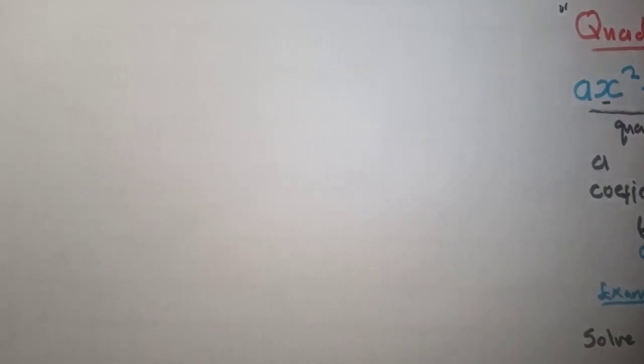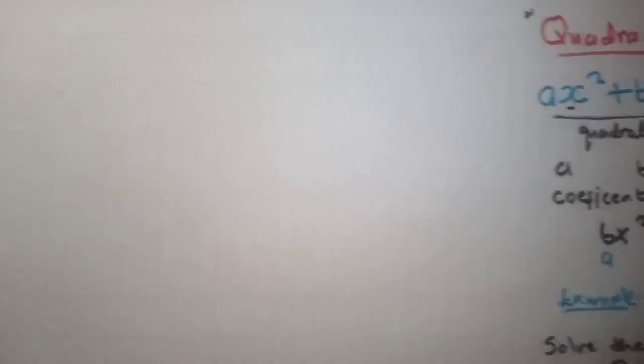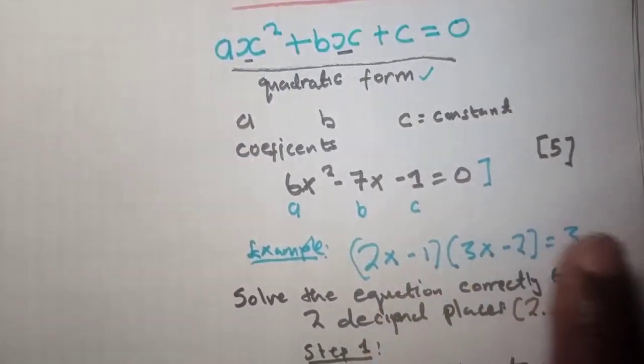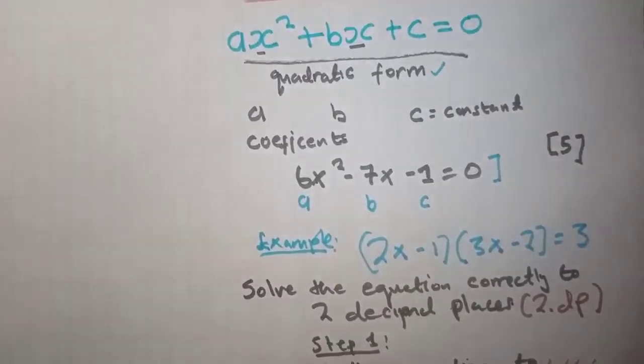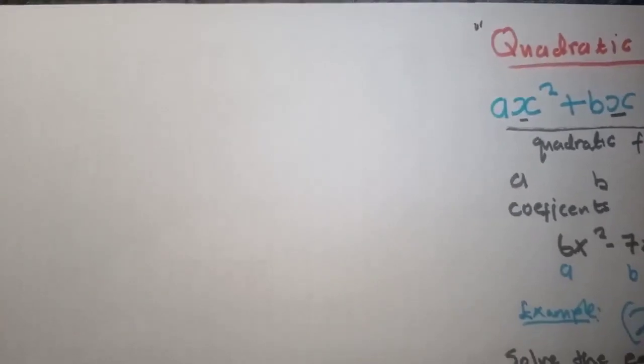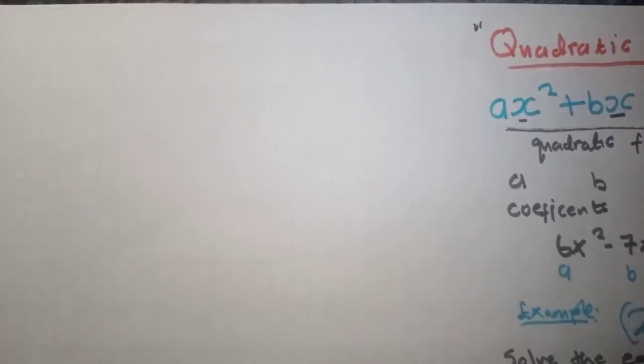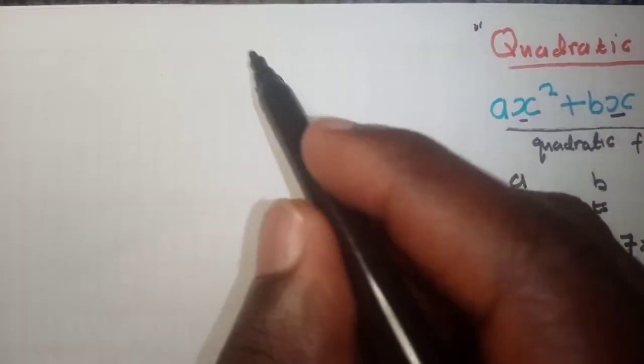Since now we've learned how to convert an equation into a quadratic equation if it's been given in brackets, whenever you have an equation like this, always make sure you change it to quadratic form before you can even start solving for anything. Just make sure you can change it. So let's see another example: how can we change something to quadratic form.